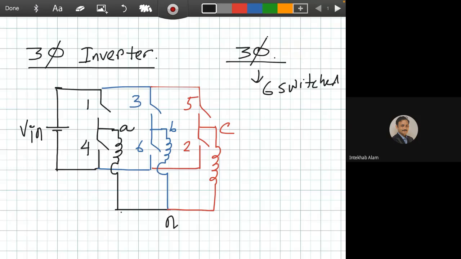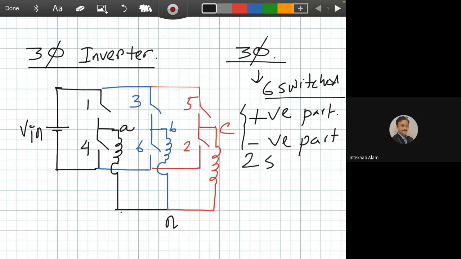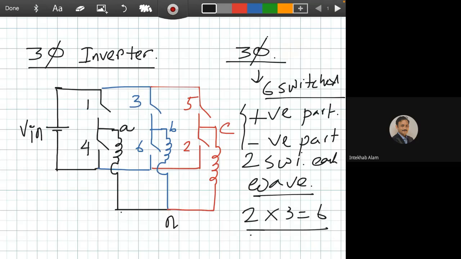One is for the positive part and the other is for the negative part of the voltage. So 2 switches for each wave. Since it is 3-phase, 2 into 3 means 6 switches are required.